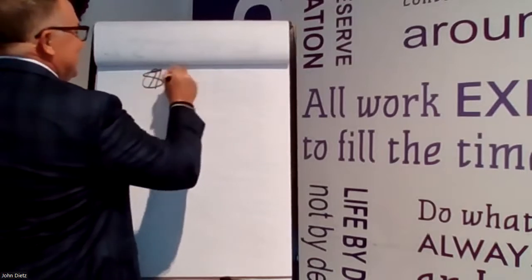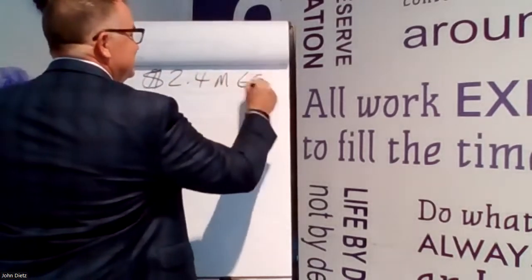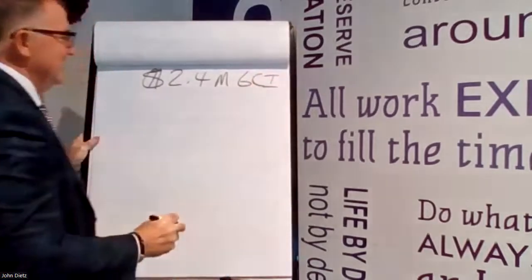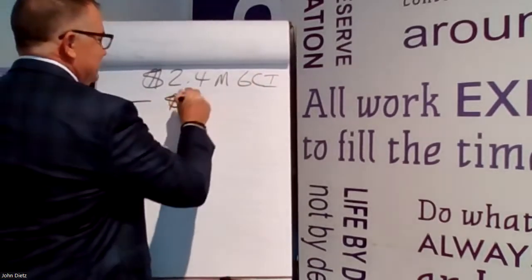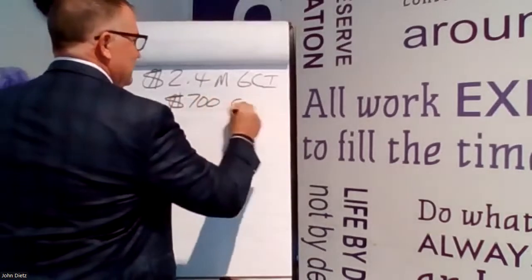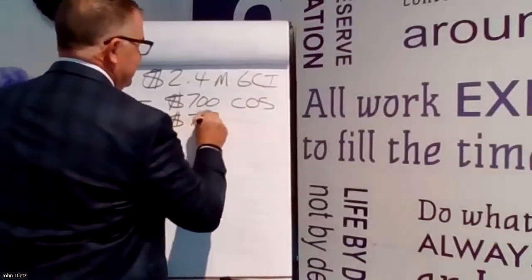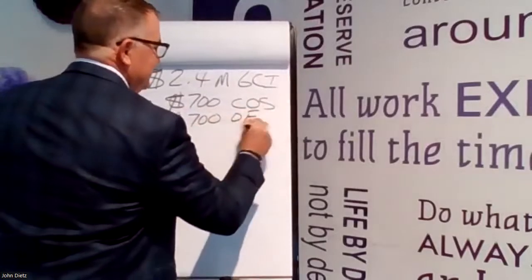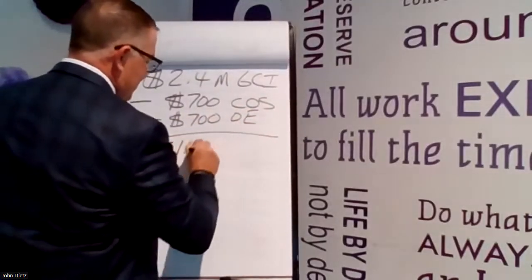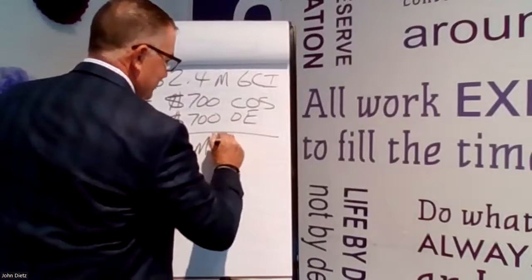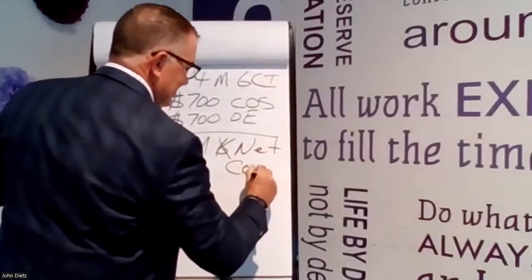At the top of the model, we have 2.4 million GCI. And we subtract 700,000 for cost of sale, and we subtract another 700,000 for operating expenses, and that leaves 1 million net commission.